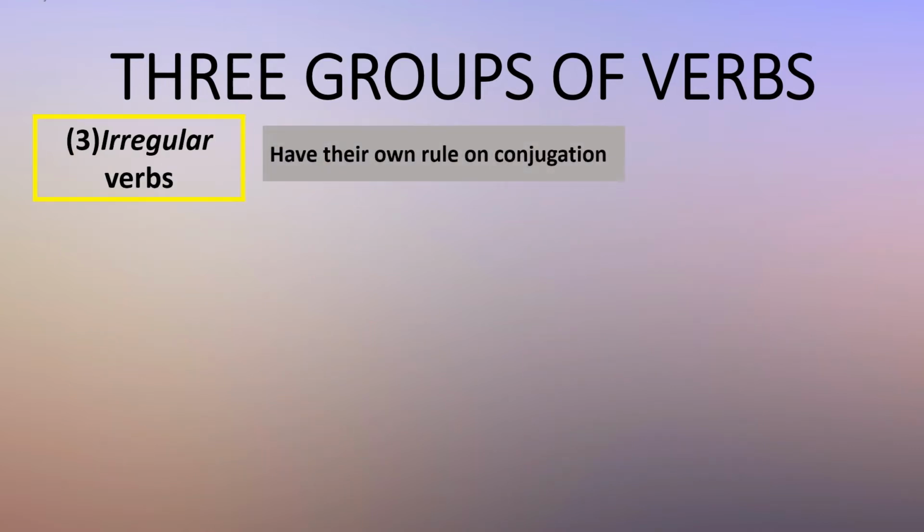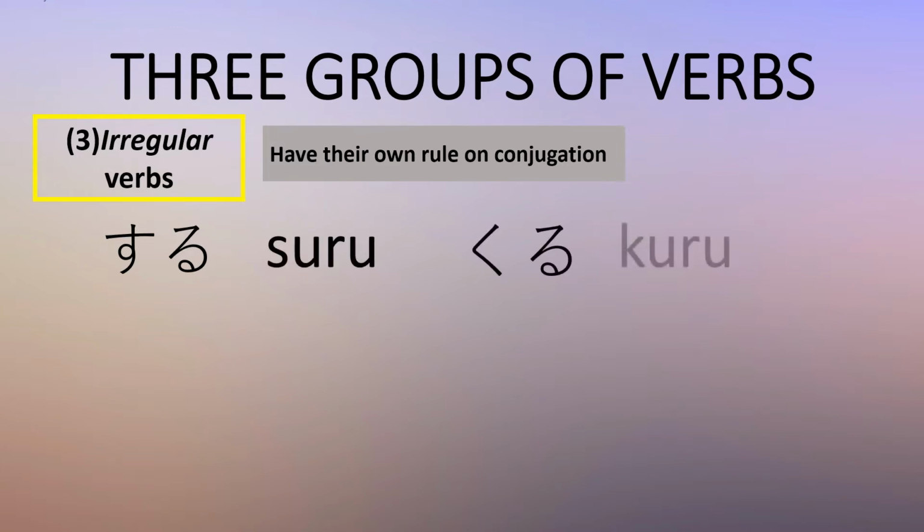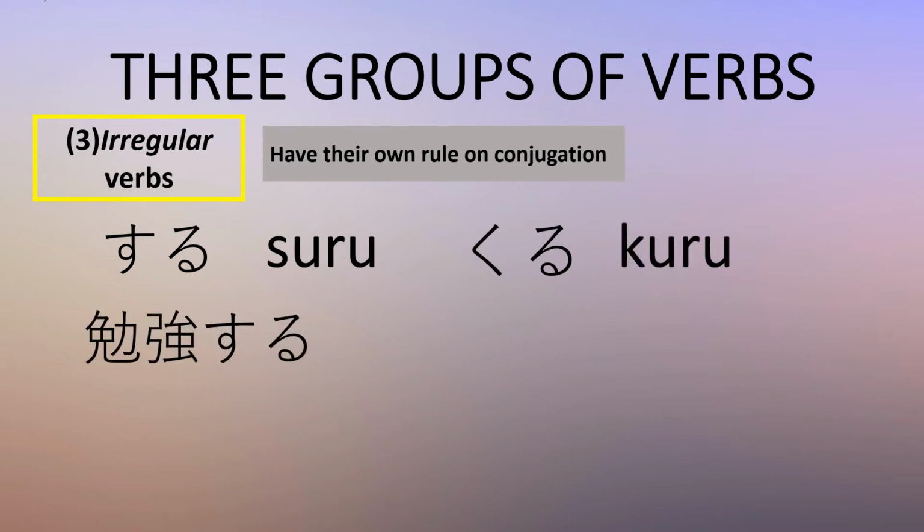For the irregular verbs, they have their own rules apart from the rules of u-verbs and ru-verbs. For example, suru, which means to do, and then kuru. We can add suru to a number of words in order to make a complex verb.